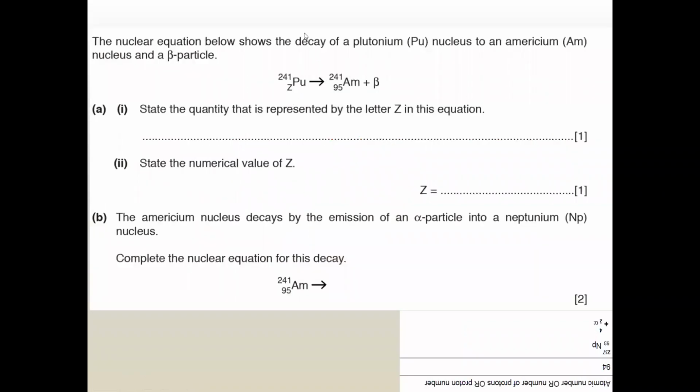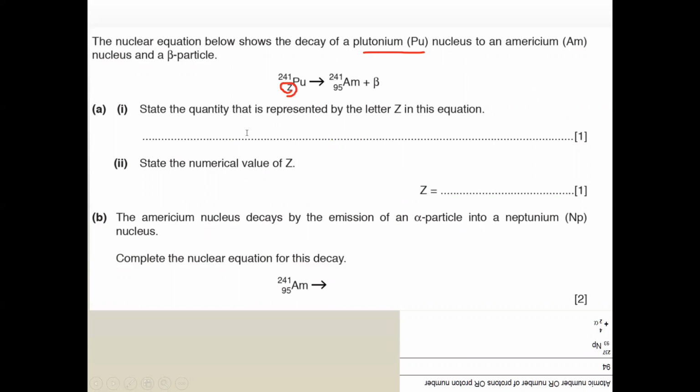As you can see here, a nuclear equation shows a decay of plutonium to americium and a beta particle. We will discuss what a beta particle is, but that is not related to the question right now. State the quantity that is represented by letter Z. Which quantity is represented by letter Z?